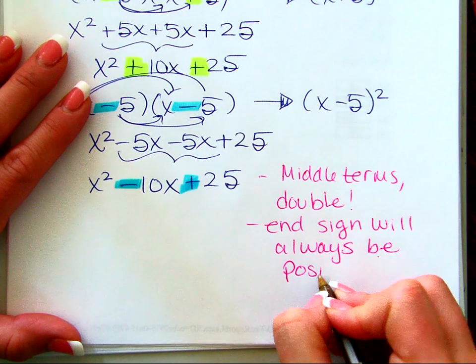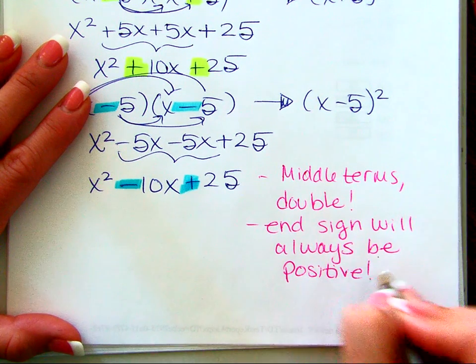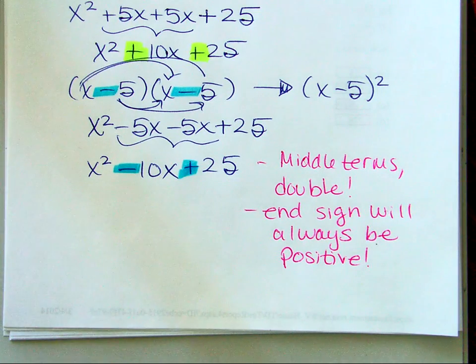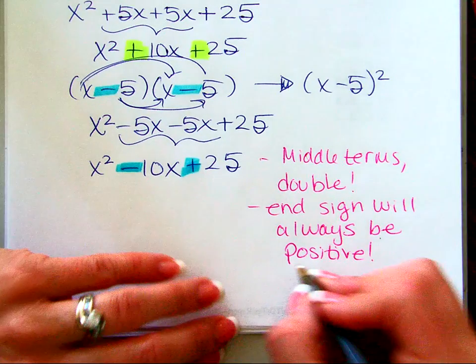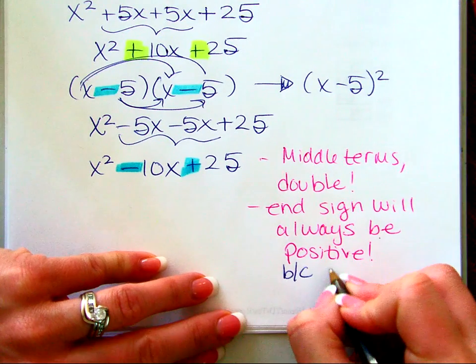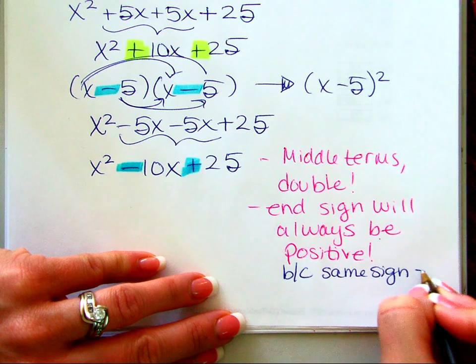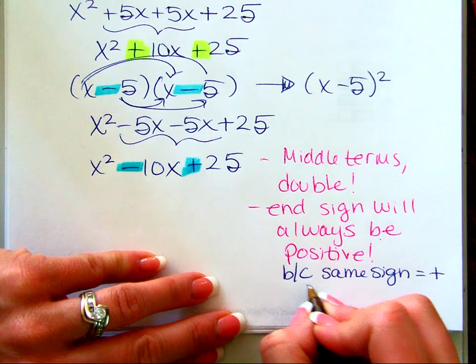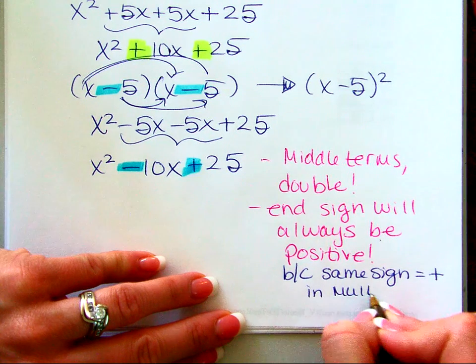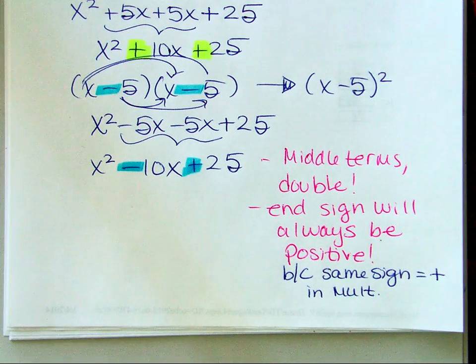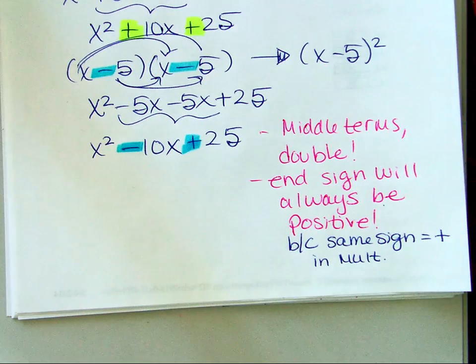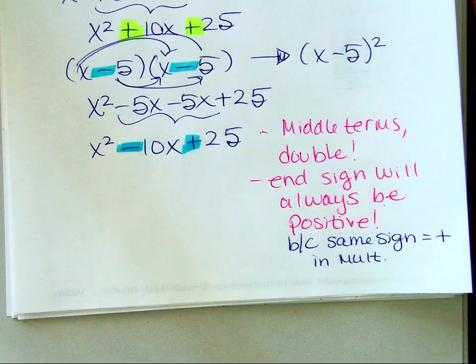Will always be positive. And then you can put why in parentheses if you want. Because same signs equal positive in multiplication. Same signs don't always equal positive in addition, do they? Yeah.